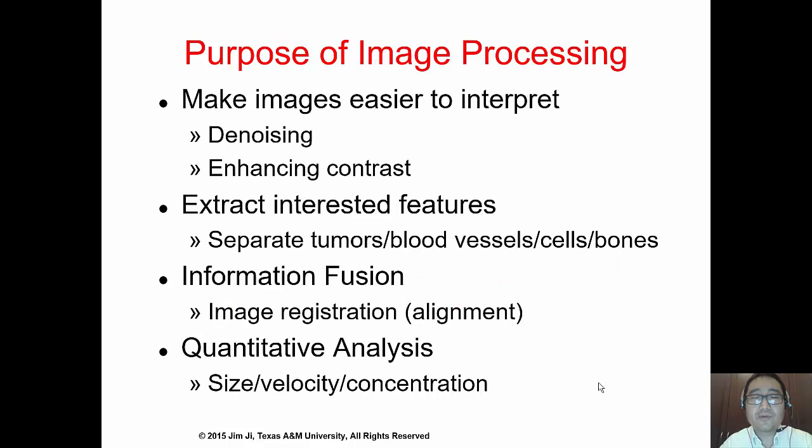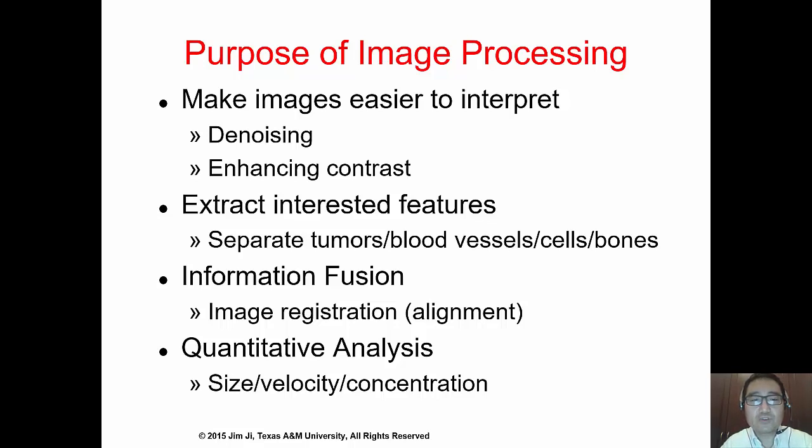So there are many reasons we might want to process a medical image. Sometimes we like to reduce the noise or enhance the contrast. These are typically called low-level image processing.